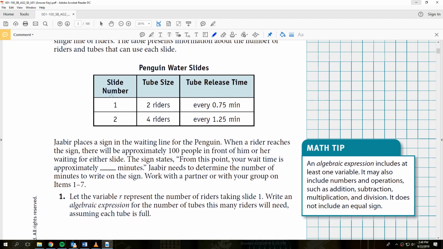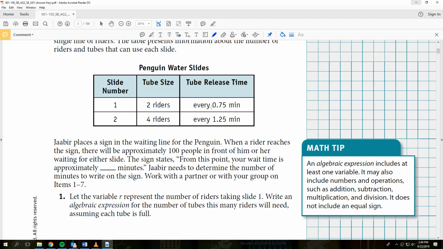All right, so here we've got this table, Penguin water slides. Remember, one line, and you can go to two different slides. Slide number one, the tube size has two riders, so every time you take a slide, there are two riders on there. And what is the tube release time? In other words, how long does it take them to go down the slide and for the next people to start the slide?